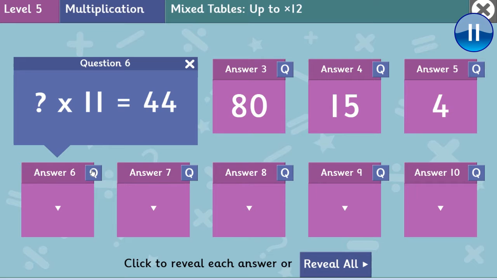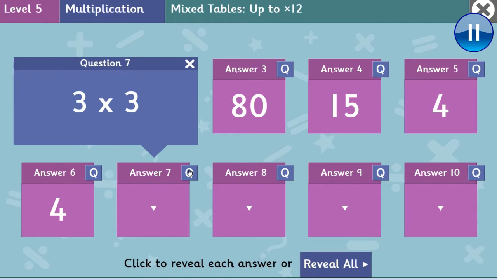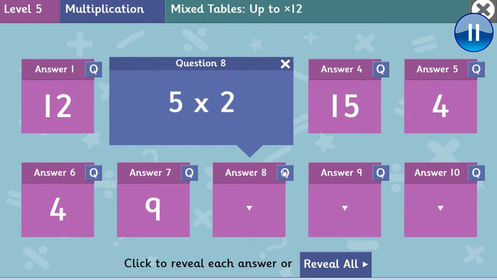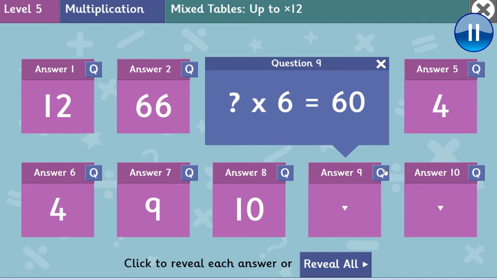Question 6. Something times 11 is 44. Excellent. 4 times 11 is 44. Question 7. 3 times 3 is 9. Question 8. 5 times 2 is 10. Question 9. Something times 6 equals 60.